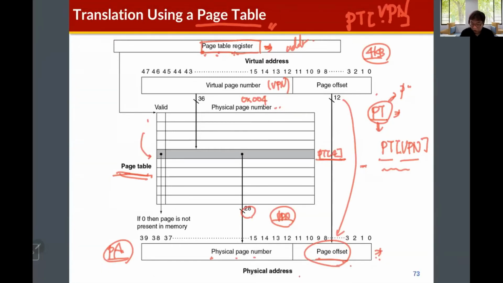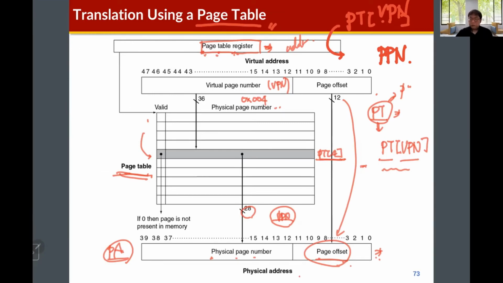Each element of this page table stores the physical page number and other control bits. So the virtual page number is translated into the physical page number.